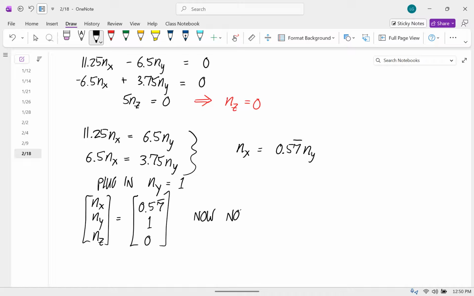Now normalize it, because it's a little easier to use as a unit vector.